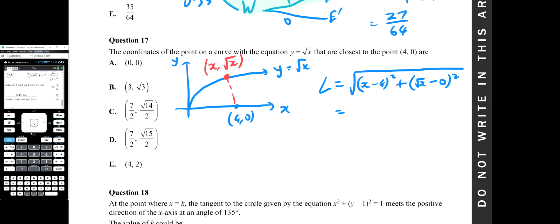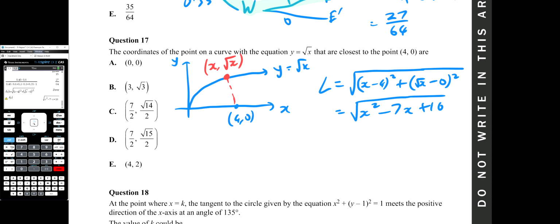So let's go to the calculator and define this. L of x is defined as the square root of bracket x minus 4 close bracket squared plus bracket square root x minus 0 close bracket squared, enter. So that is the function defined. And if you want to write it out, you can press var, find L, put x there, and you end up with the square root of x squared minus 7x plus 16.